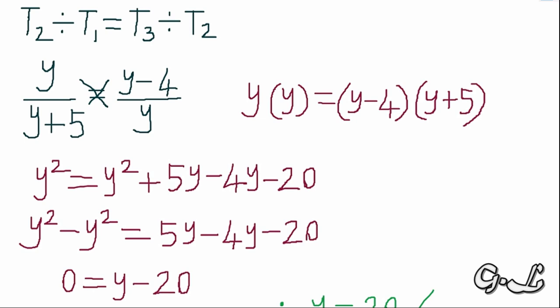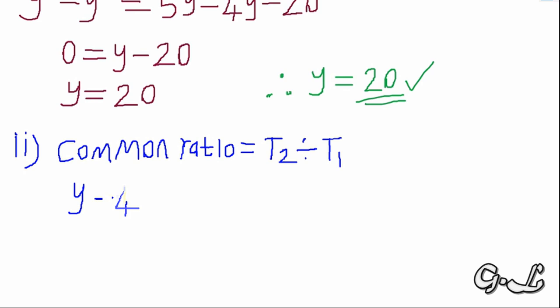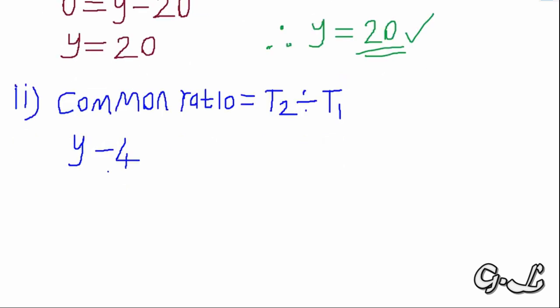In such a case, our T2 we're going to consider as Y minus 4, and our T1 we're going to consider as Y. So the next term is Y minus 4, and the previous term is Y. When you check carefully, we already calculated the value of Y as 20.